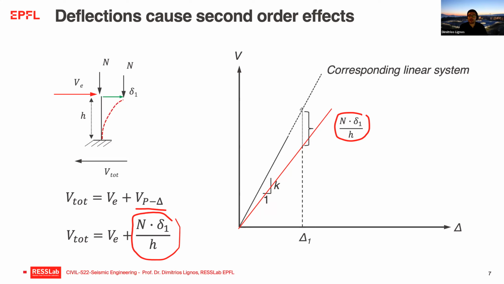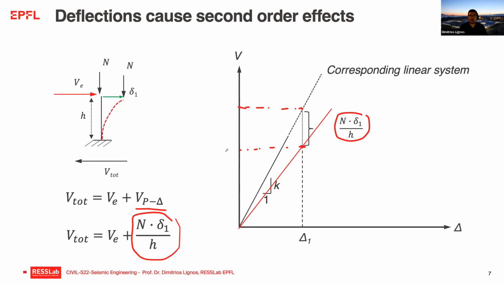So that means that if you're looking at the capacity side of your structure, instead of your structure being able to resist this much shear, because of the second order effect, essentially you are losing shear, and the actual capacity of your structure is basically this one down here, simply because of the presence of P-delta effects.